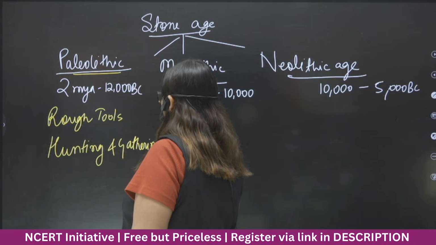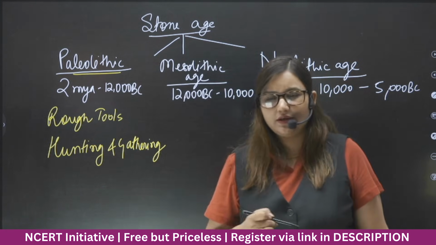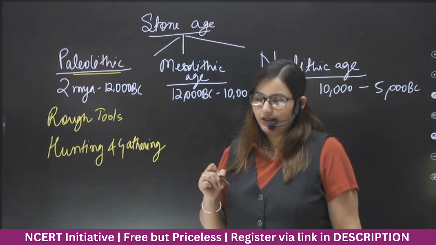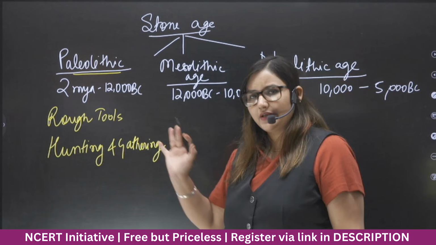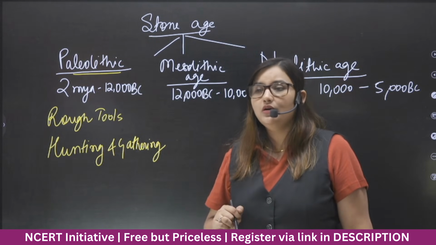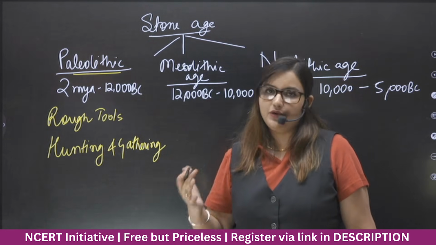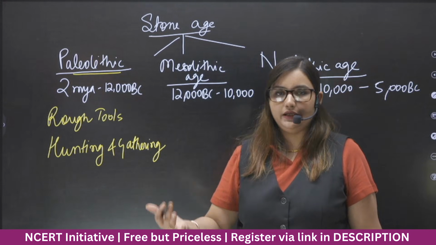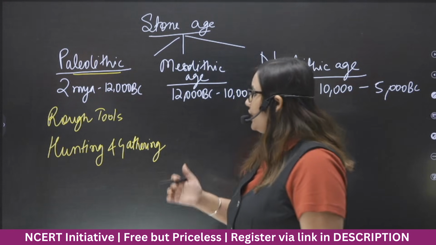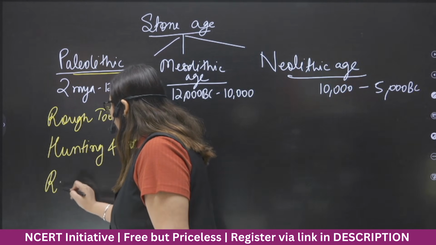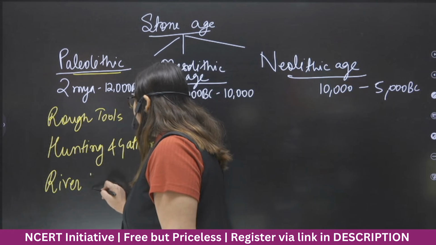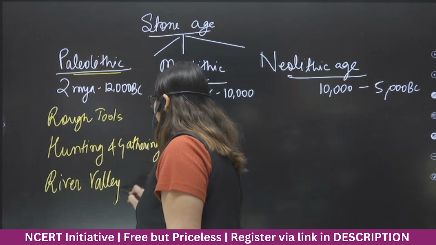They used to live in the caves, especially near the river valley, so that they could hunt animals easily, because animals would also come to drink the water, and they would also have a regular supply of water for their daily needs and drinking purposes. So they always used to live near the river valleys, in the caves.